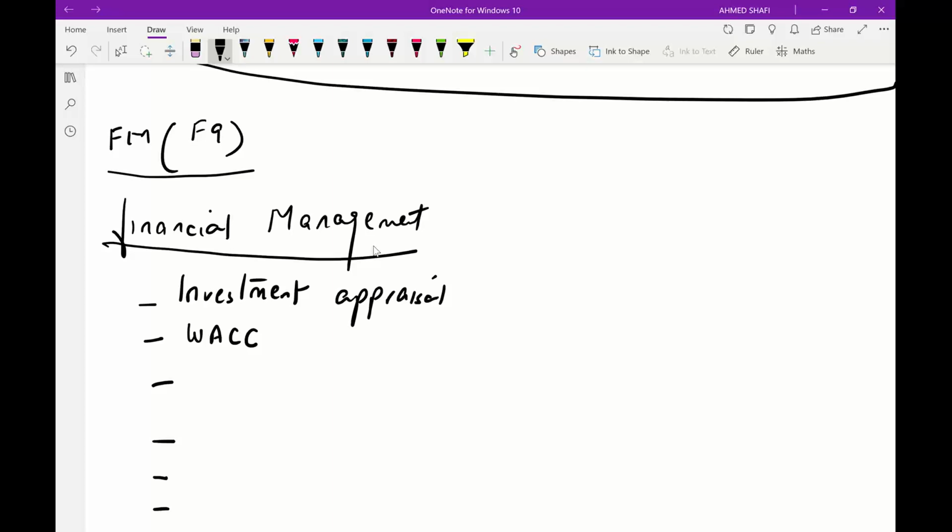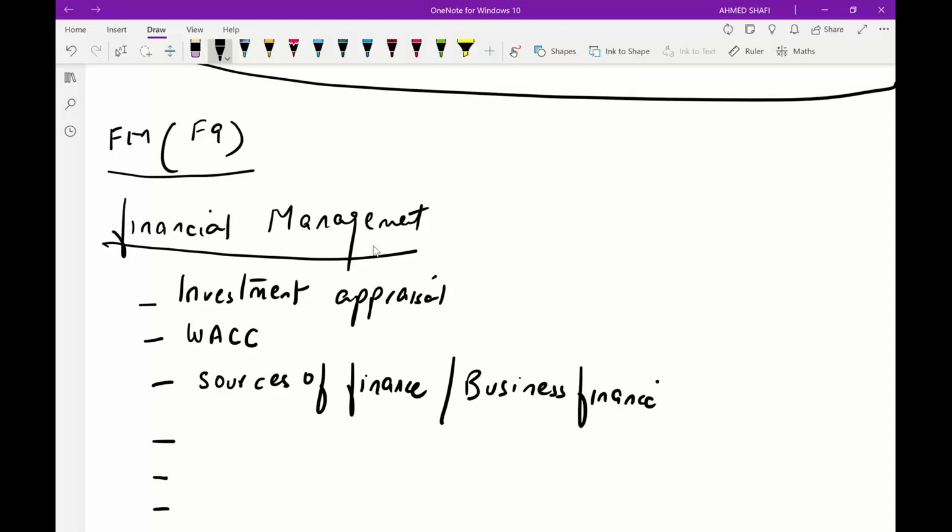The third core area, business finance, or commonly regarded as sources of finance.